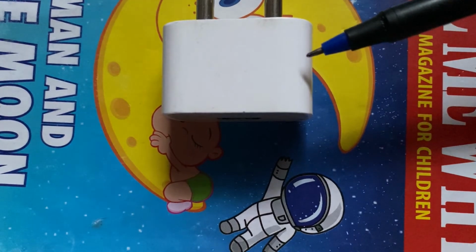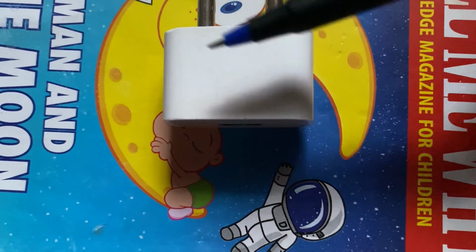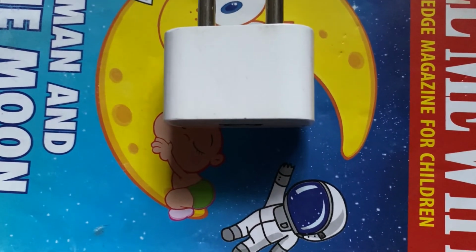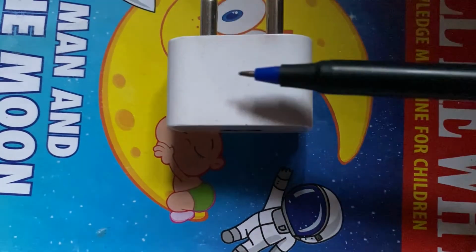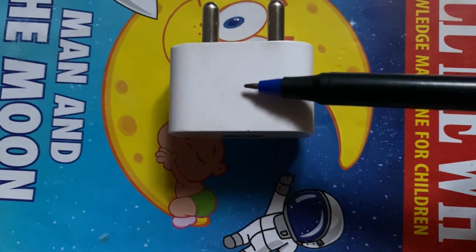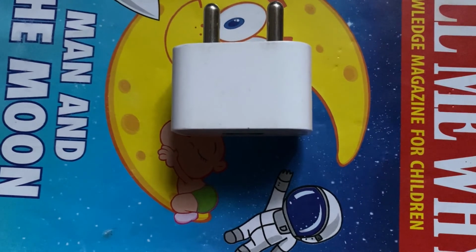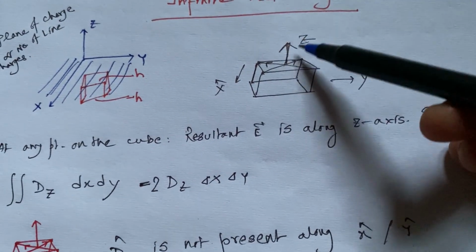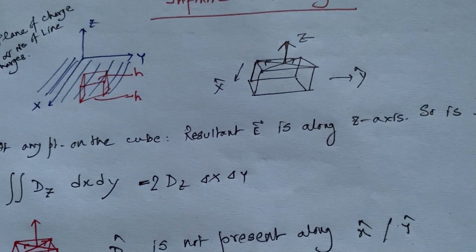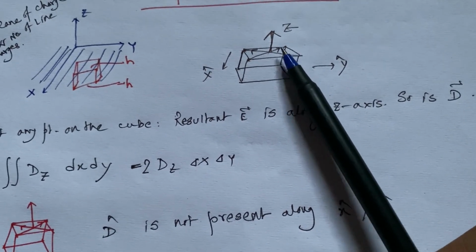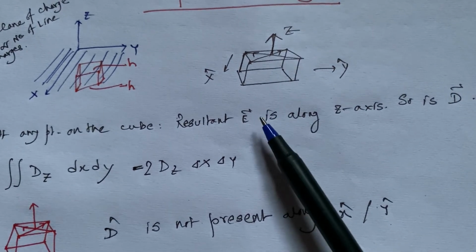For example, at this point, if the electric field is along this direction and there is also an electric field along this direction, because there are infinite number of line charges, the resultant electric field will be along the positive z-axis, that is upward, outward to the plane of this book. This is the pictorial representation, along the z-axis, and this is the direction of the resultant electric field. Obviously this is the direction of flux density also.